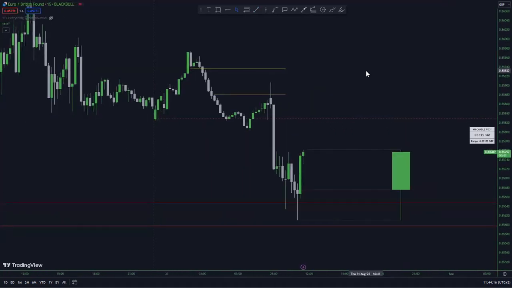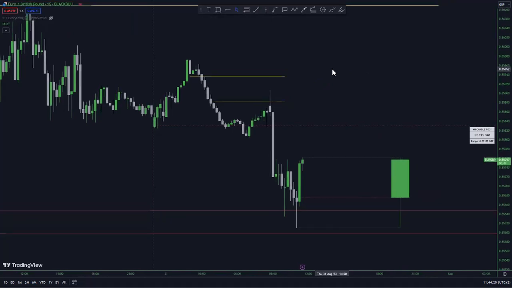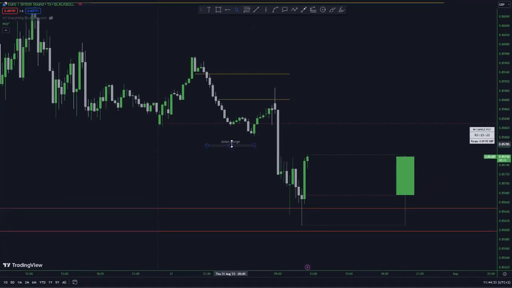On the 15 minutes, that's where I build a proper narrative on why I take the trades. So let me just mark our Asian range, which is 3 a.m. in the morning up until 7. So this is the Asian range.